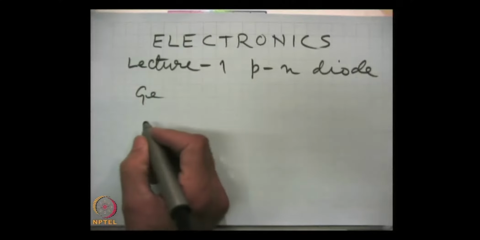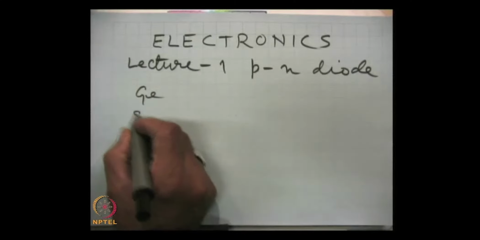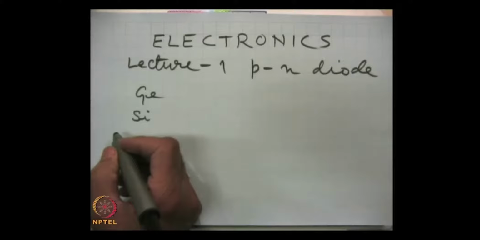Let us start with a few basics of semiconductors. As we all are familiar, there are two elemental semiconductors, one is germanium and the other is silicon.